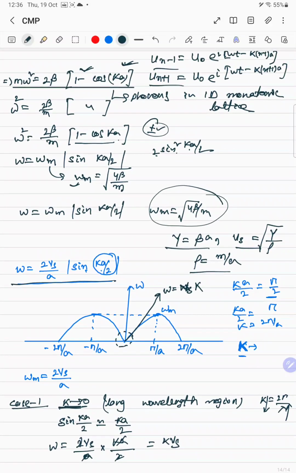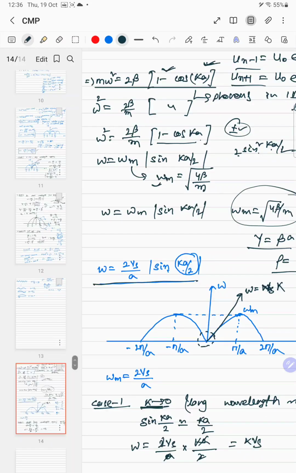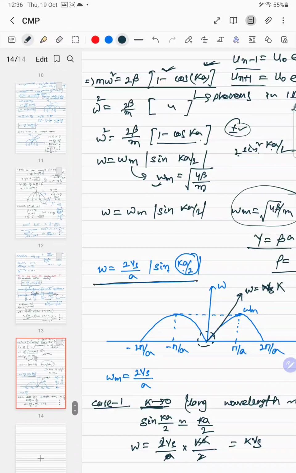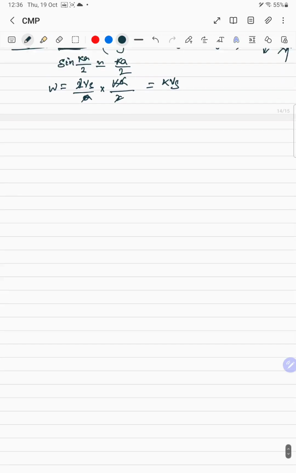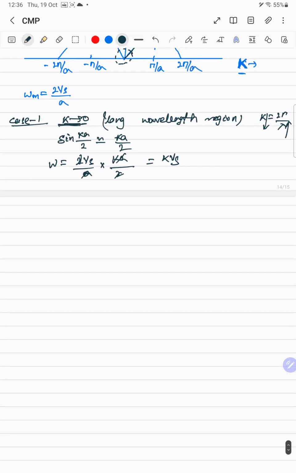Now let's look at what the group velocity and phase velocity will be.